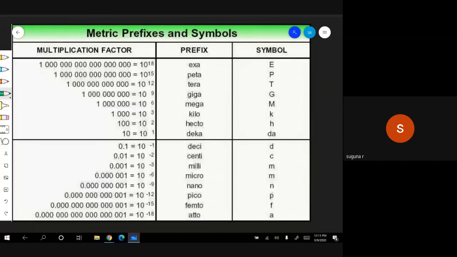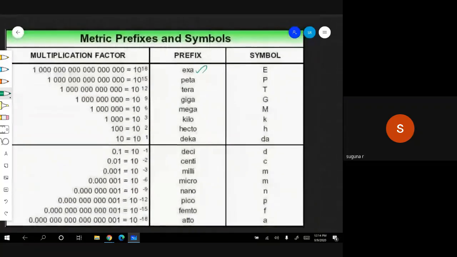First, the very huge things. Very high: hexa. The symbol is capital E. Hexa is 10 power 18.